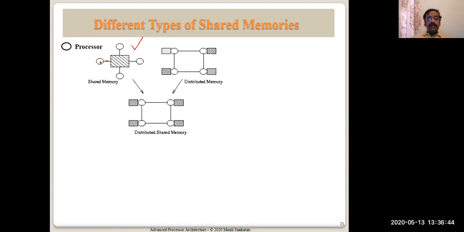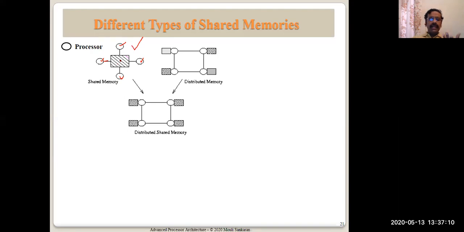And since all processors are directly connected to the memory, all of them are equally able to access any location. What I mean by equally able is that all of them take the same number of cycles, the same amount of time, to read or write into the memory.